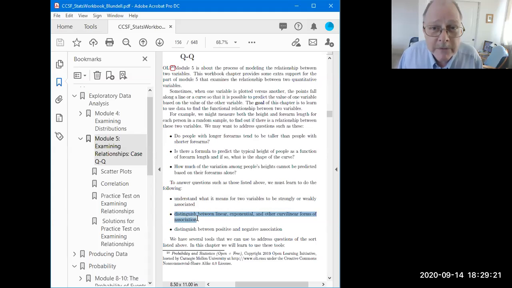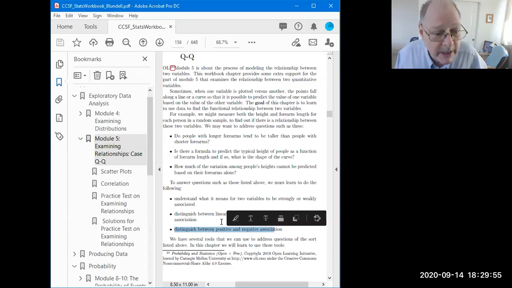When you plot one variable versus the other on a scatter plot, on an XY kind of graph, are they lining up, trying to make a line, or an exponential curve, or some other kind of curve, or maybe not any recognizable curve at all? So we need to understand both the strength of the association and the form, or the shape of it. And then a little vocabulary to distinguish between positive and negative association.